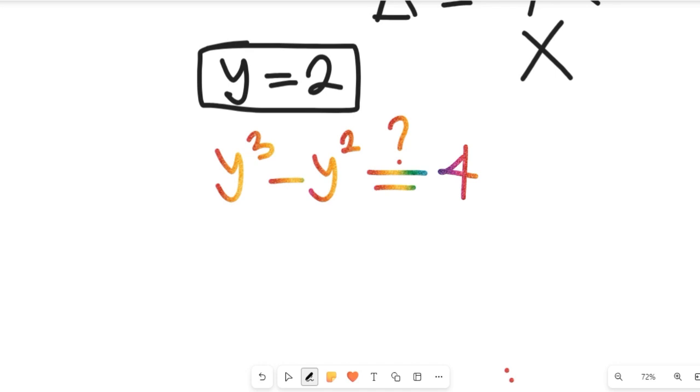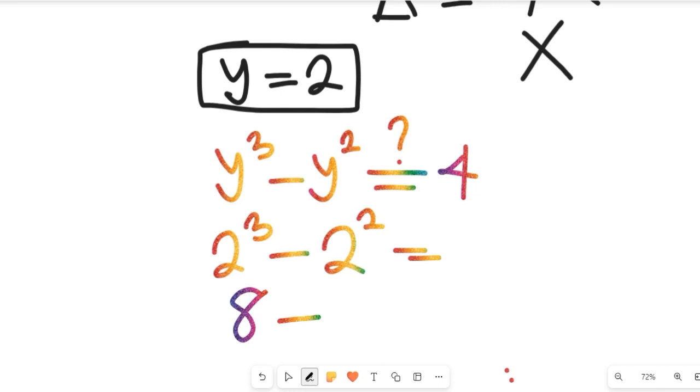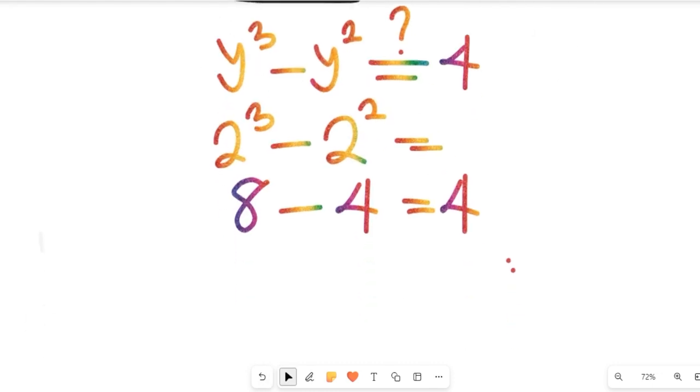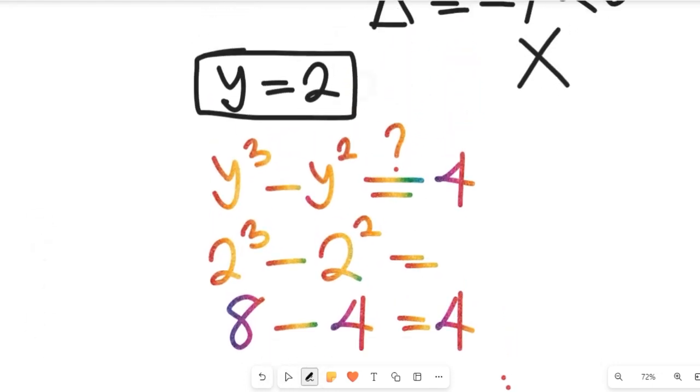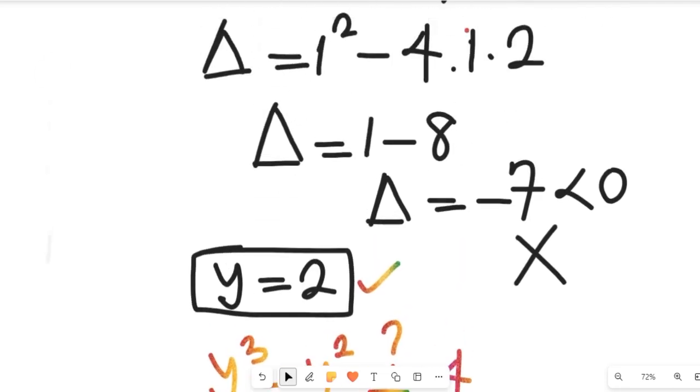Let's test and see. We have 2 to the power of 3 minus 2 to the power of 2. What would this give us? 2 to the power of 3 is equal to 8, minus 4, and that will be equal to 4. So we see that the value of y equal to 2 satisfies the equation that's given to us.